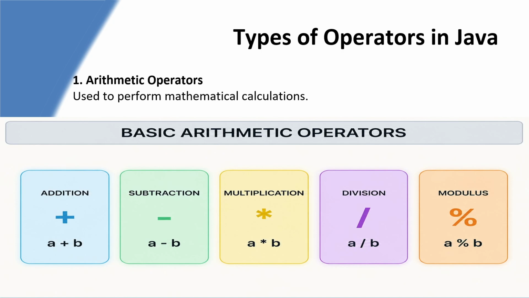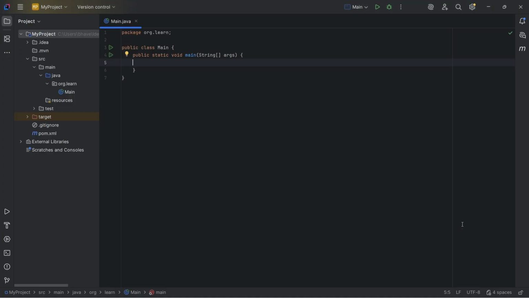So let's see one example. int a equals 10 and b equals 5 and sum equals a plus b.